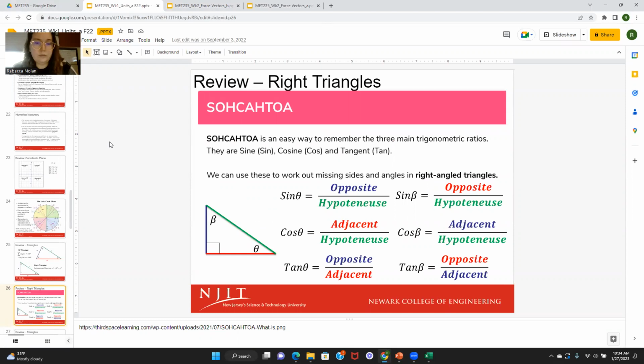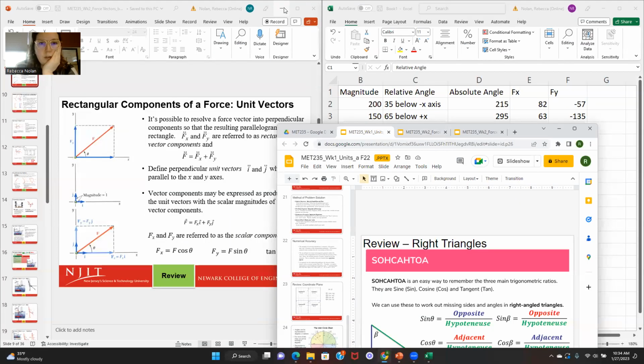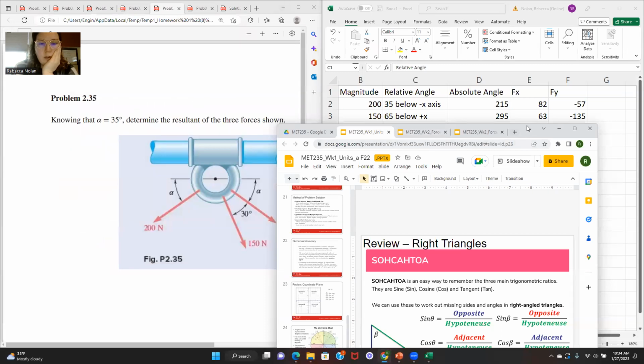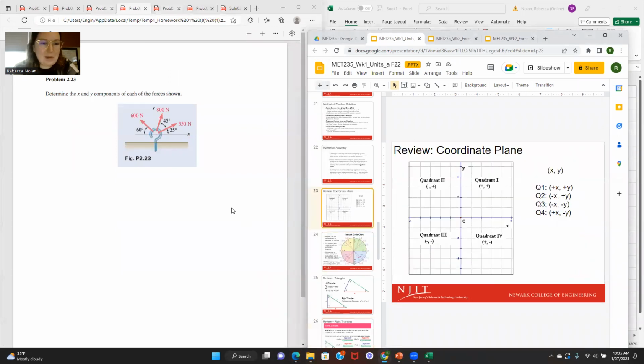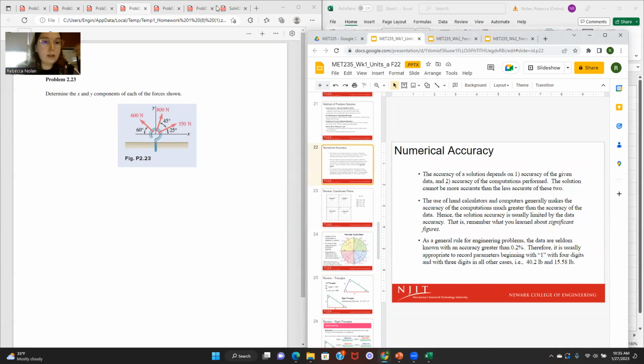But when we were finding the fx and the fy with the cosines, didn't we use the relative angles? So you will for some. Anything in the first quadrant is going to be the same. Sometimes it does end up being the same too. Sometimes you'll have to switch what is sine and cosine.